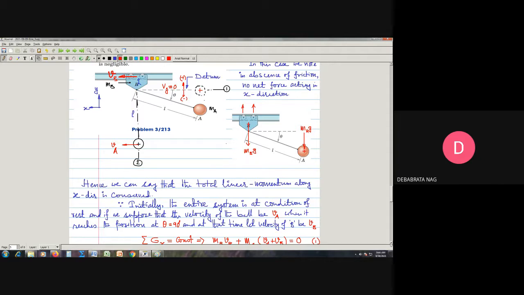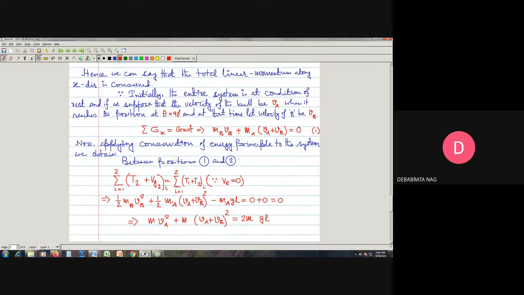So quite naturally, we can write that this is going to be my equation. This is T1 plus V_g1. Since both of them are initially at rest, we don't have any total kinetic energy in condition 1, the initial condition, plus the total gravitational potential energy, because the line we have chosen as our datum line is going to be 0.